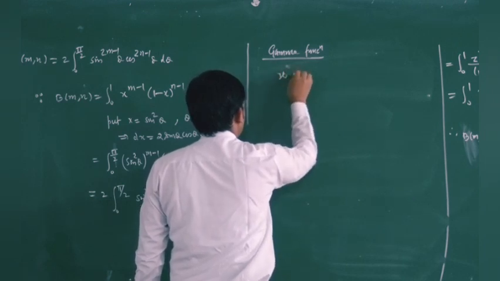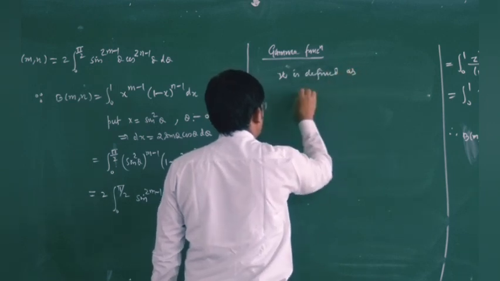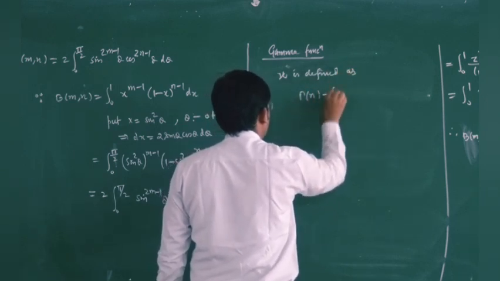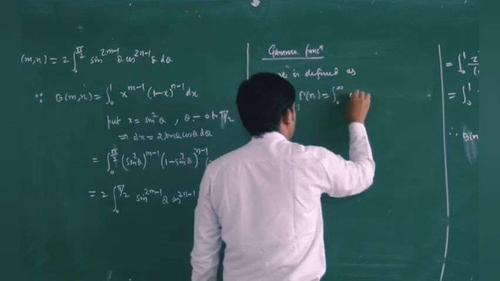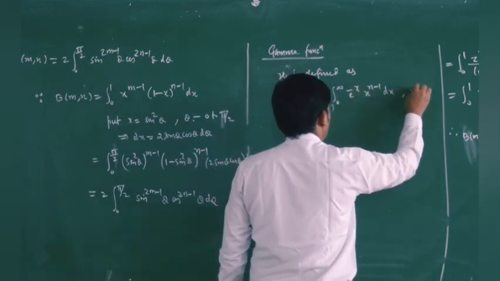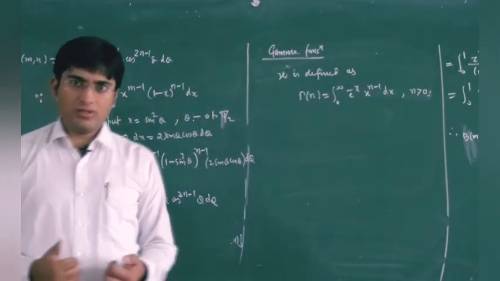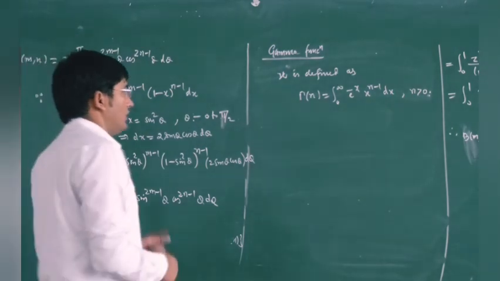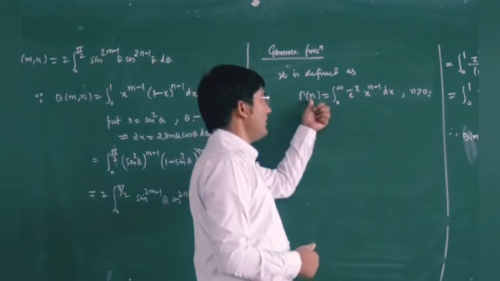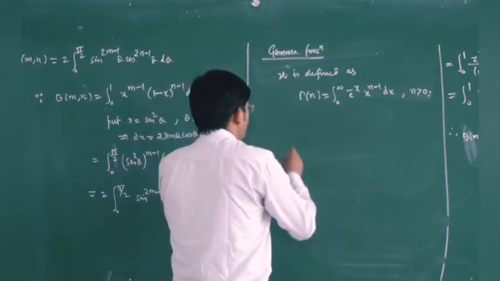It is defined as gamma of n equals integral 0 to infinity e power minus x, x power n minus 1 dx. Again, for the convergence of this improper integral, our n has to be greater than 0. Only then we will say that this gamma n is finite or convergent. So properties.